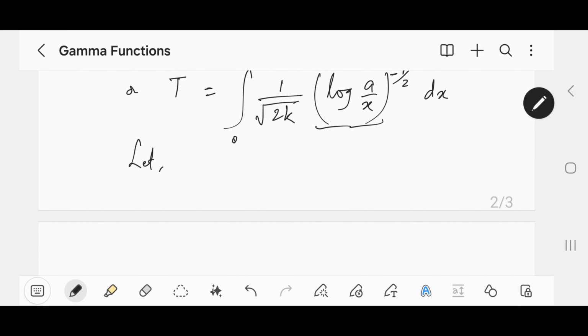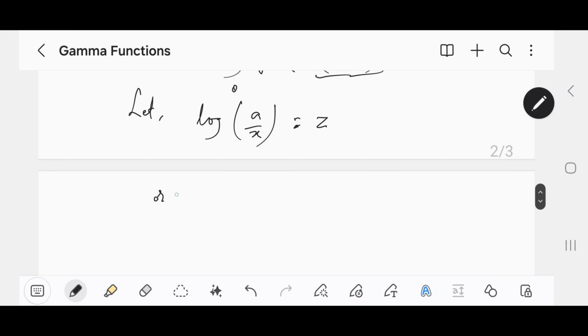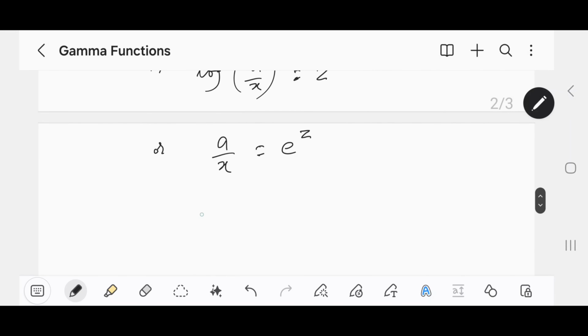Let log a by x equal some other variable z, or x equals a by e power z, equals a times e power minus z.